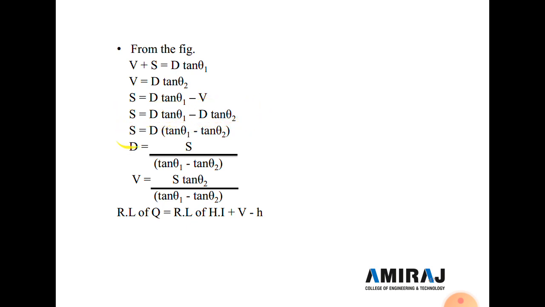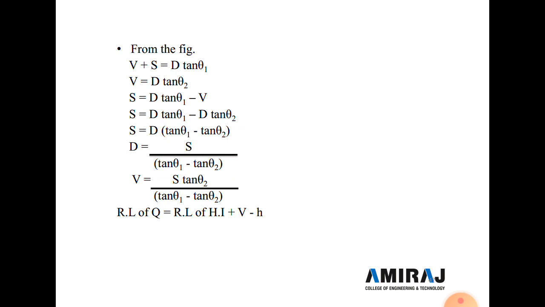Taking D common, S is equal to D times tan theta 1 minus tan theta 2. Now we find the horizontal distance D equation: D is equal to S divided by tan theta 1 minus tan theta 2.